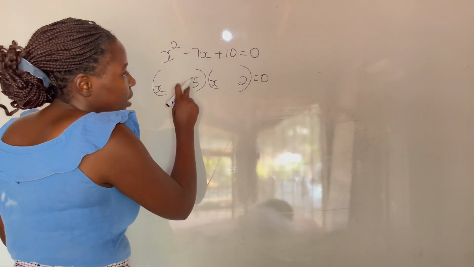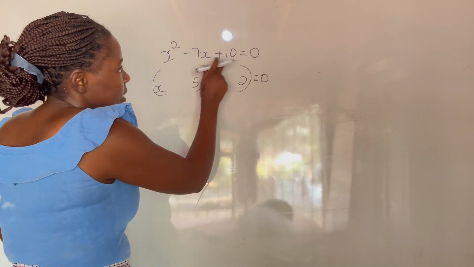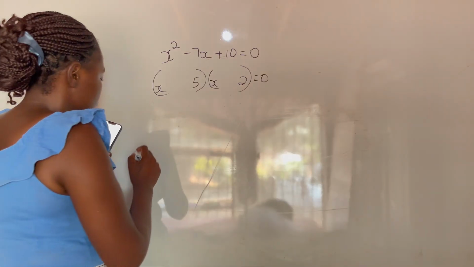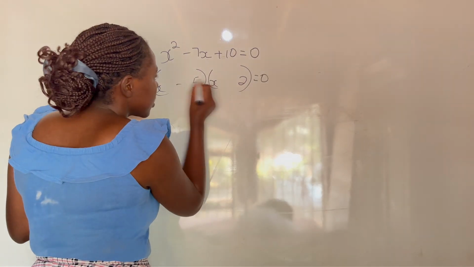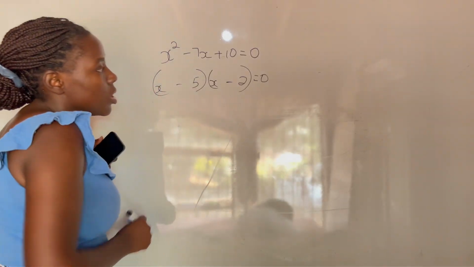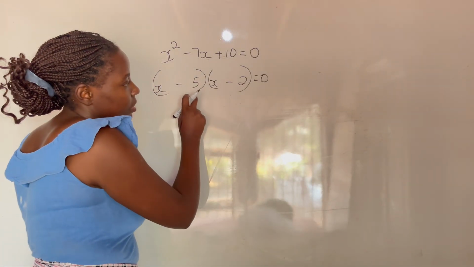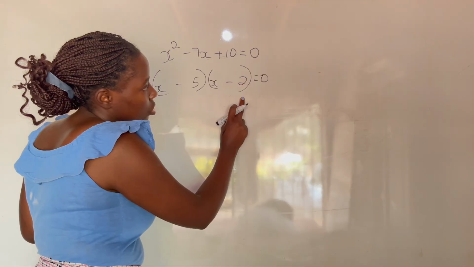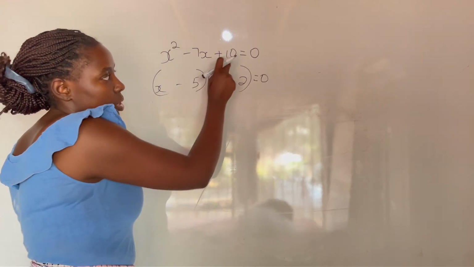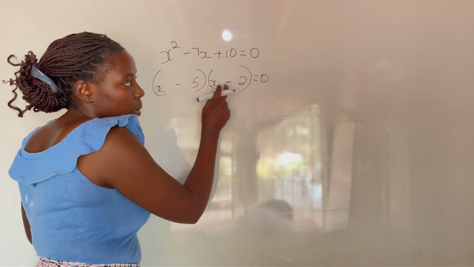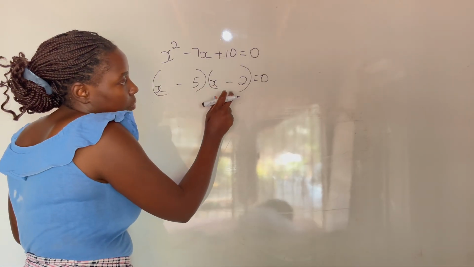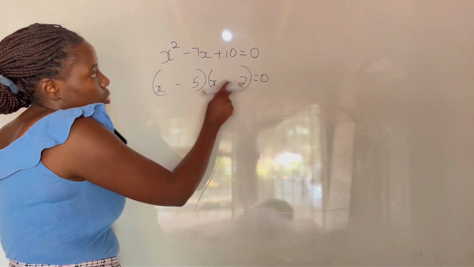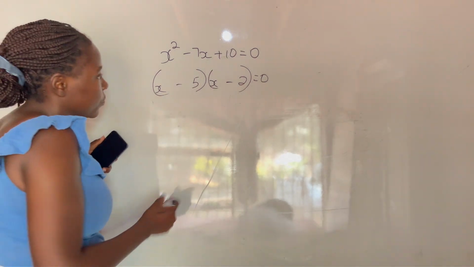So now we have to nominate the signs which will suit the equation. Let's try negative and negative: negative 5 and negative 2. Negative 5 times negative 2 gives us positive 10, because negative multiplied by negative is positive. Negative 5 minus 2 gives us negative 7.